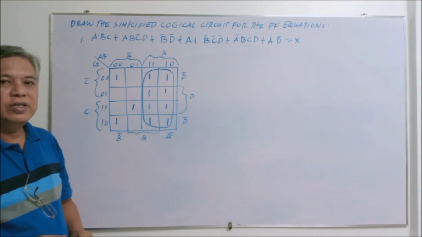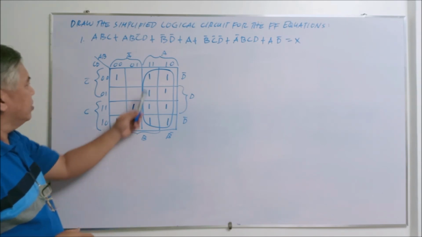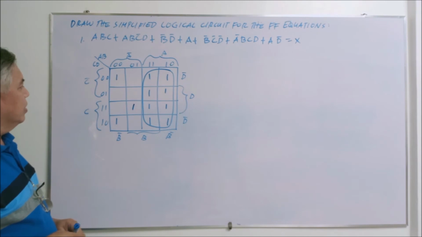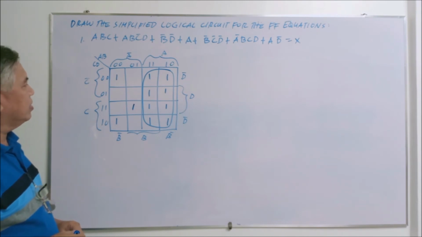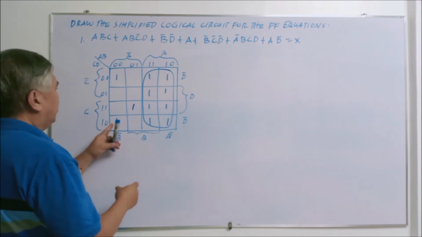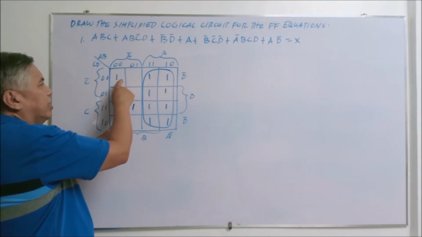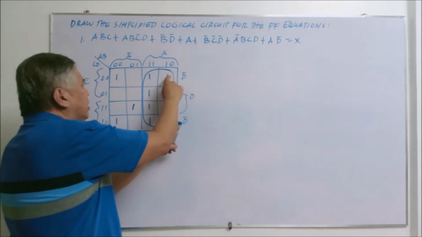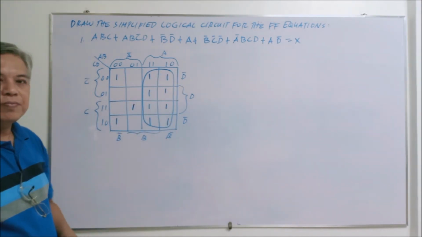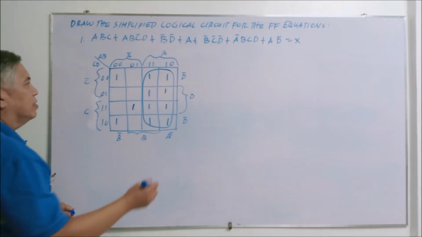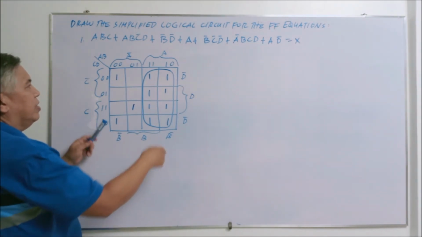And then next is 4. There's no more 8, so we go to 4. 4 adjacent cells. Which one is adjacent? This one here and this one is not yet grouped. So this cell here and these cells here are adjacent together. Now, as I've said, why are they adjacent?